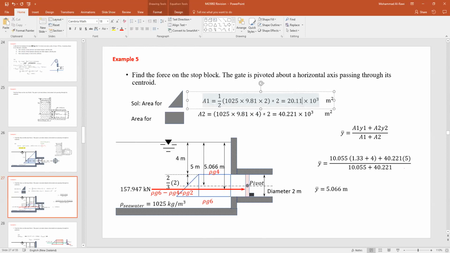See, sometimes these kinds of questions are very confusing, and you always need to look into them carefully. Now this one, the second one, is 1025 times 9.81 times 4 times 2. So that will give you 80.442 divided by 1000.